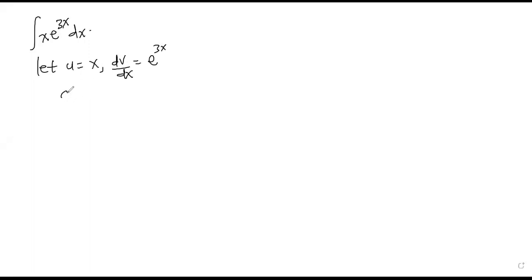So it would mean that your du dx is 1, and your v now will be a third, because of this 3, a third e to the power 3x.